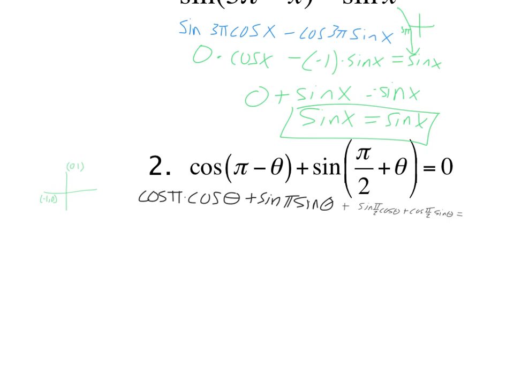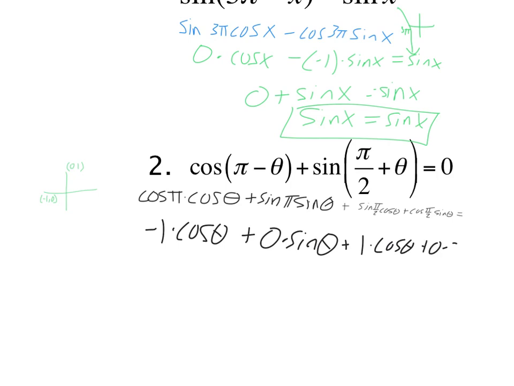So cosine of pi, the cosine is x, so that would be -1 times cosine of theta plus sine of pi is 0 times sine of theta plus sine of pi over 2, well, sine is the y value, so that would be 1 times cosine of theta. And then cosine of pi over 2 is 0, so this would be 0 times sine of theta.